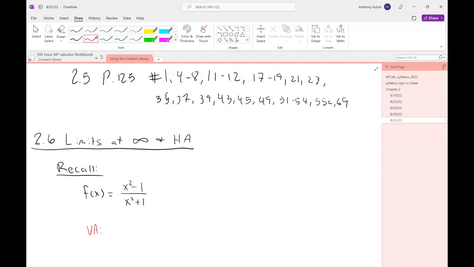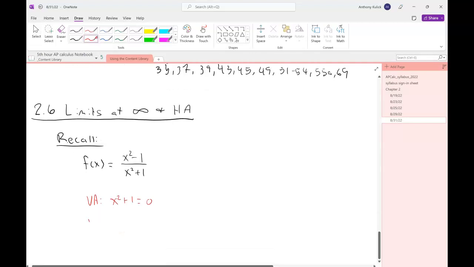To find the vertical asymptotes, I can take the denominator and set it equal to 0, right? In this case, that has no solution, so there's no vertical asymptote. How do I find the horizontal or oblique asymptote? There were 3 cases, right? We had to compare the degree of the numerator with the degree of the denominator. In this case, the degree of the numerator is 2, and the degree of the denominator is 2.